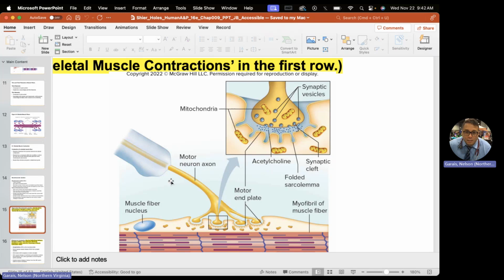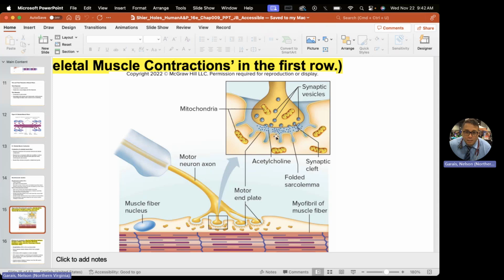So the electricity comes down, it activates mitochondria to make synaptic vesicles from the Golgi apparatus, if you remember that, and then it gets released into the synaptic gap or synaptic cleft.